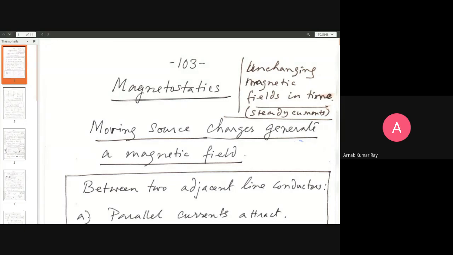Right. So here is our first discussion of magnetostatics. If you have had some clear idea of electrostatics, broadly speaking, our course will have the following chunks or modules.